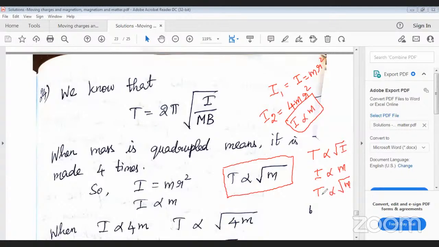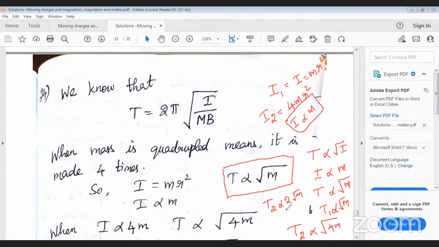So in the first case, T1 is proportional to root m. In the second case, the mass is made 4 times. So T2 is proportional to root of 4m, and when you take the square root of 4, T2 is proportional to 2 into root m.